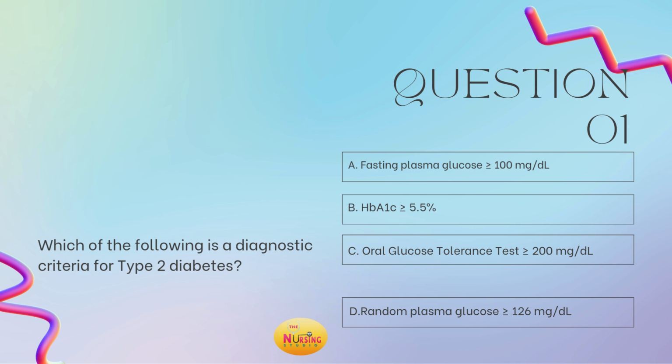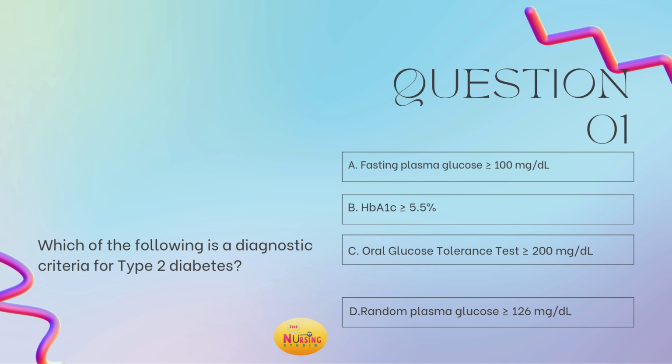Remember, I told you yesterday to make sure that you're able to determine and not mix up words by rushing, random versus fasting, right? With the fasting, because you are supposed to be doing these labs on an empty stomach, if the fasting plasma glucose is greater than or equal to 126 milligrams per deciliter, that is a positive.